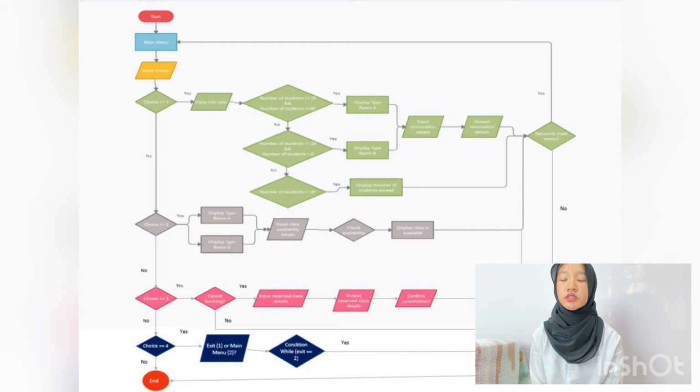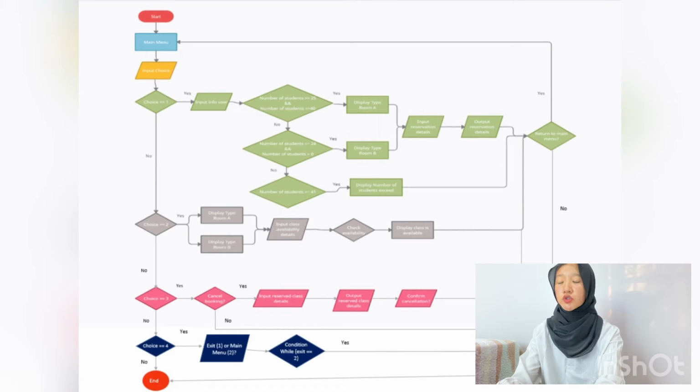So for the demonstration, before I start my demonstration, I will give a simple and fast introduction of my source code. So first, I would like to show you the variable declaration of this program, the main menu of this program.